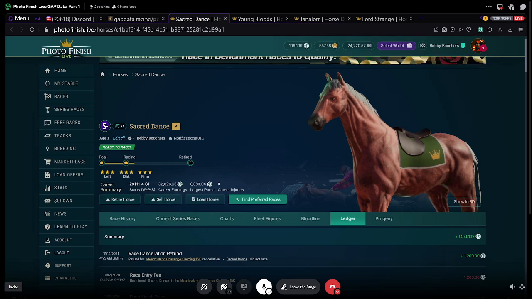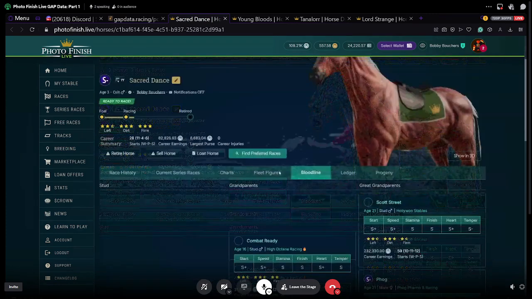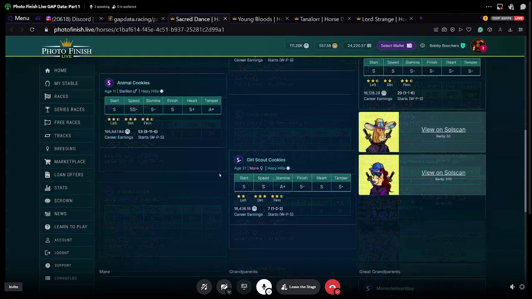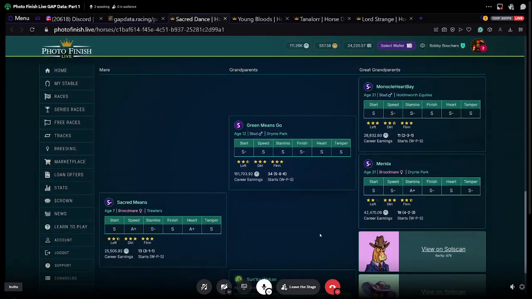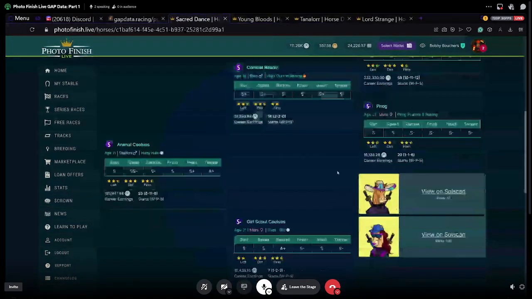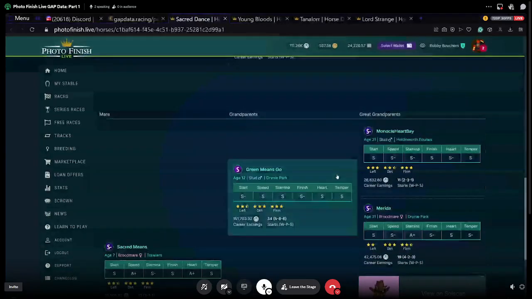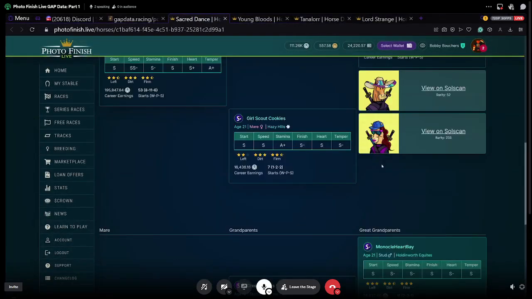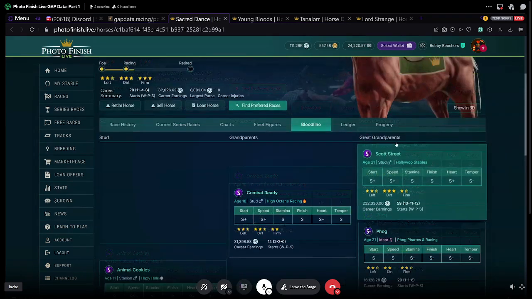He might even have breeding potential. He's an 8.5 stars. Let me have a look. Yeah, I think he actually has a little bit of breeding potential. He has no one of ones left, and he doesn't have Shawnee Bear.